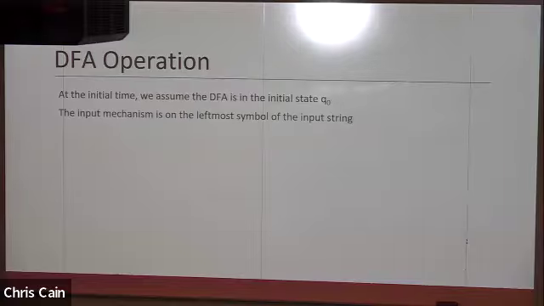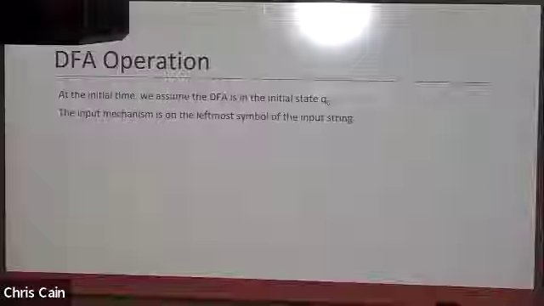When we begin, the input mechanism, whatever is reading the string, is going to be pointing at a particular character. It's going to point at the first character, signifying we have not read any of the characters in the input yet.